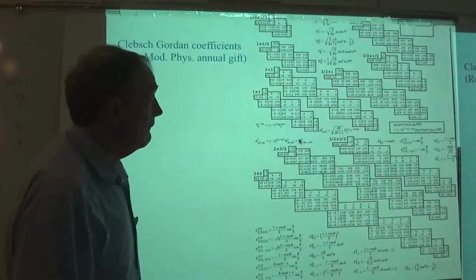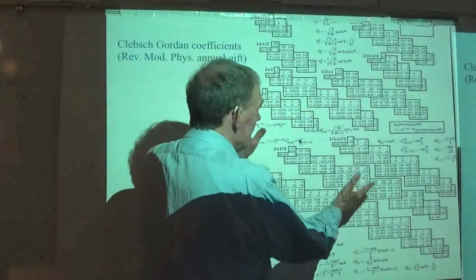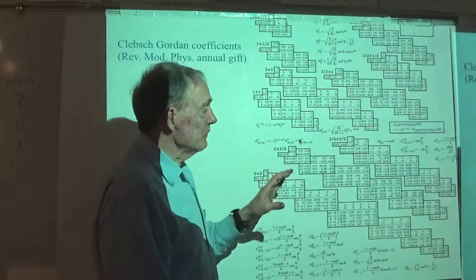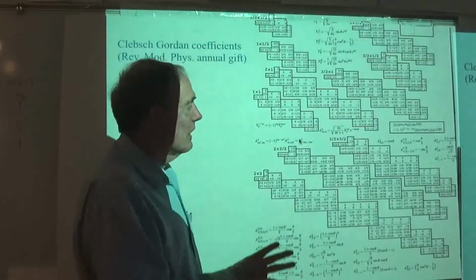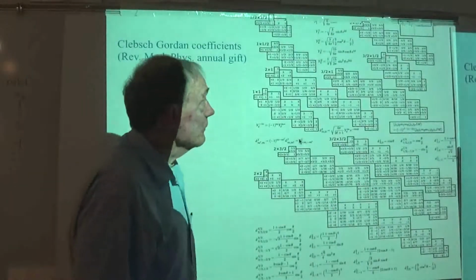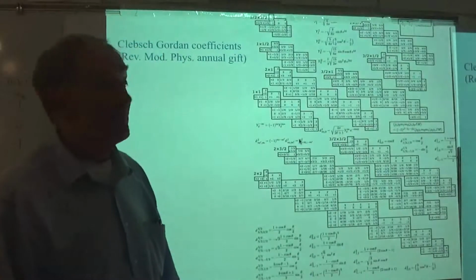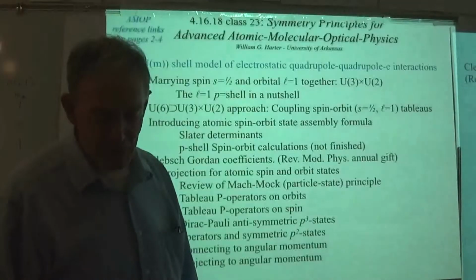It's always good to have a very nice set of tables, all compacted. Now, if you look on the internet, you can find Clebsch-Gordan coefficients, but they'll go on for pages, so it takes you a long time to find the table. Here they're all in one place. So I think this is better than the best I can find right now. You can thank me later.